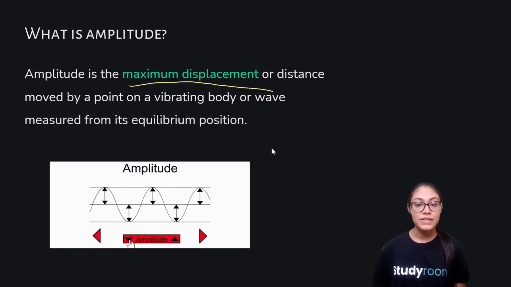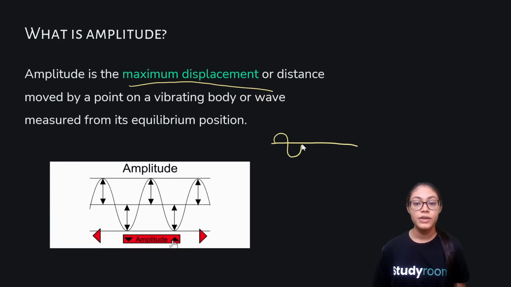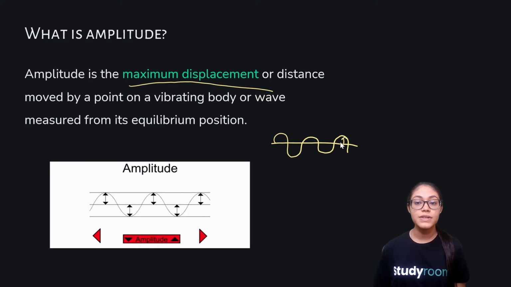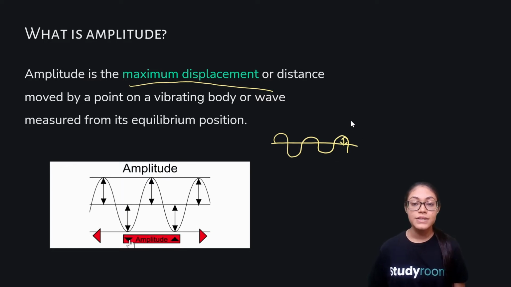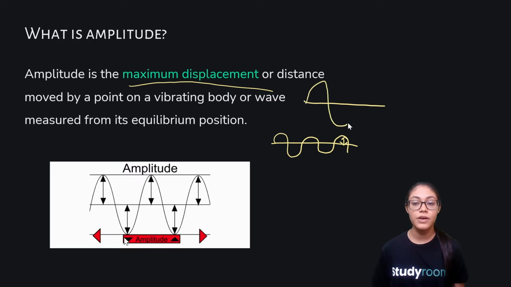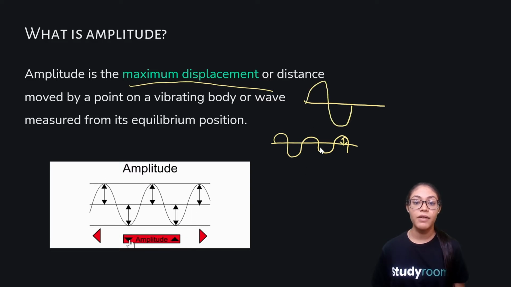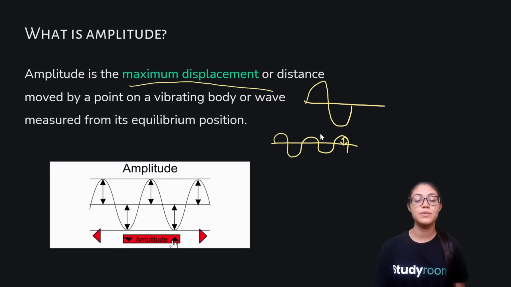So, as you can see, if these are the waves, then the maximum displacement of the wave is known as amplitude. Some signals may have a higher amplitude, that means large distance covered, and some may have a lower amplitude, right? Let's move on.